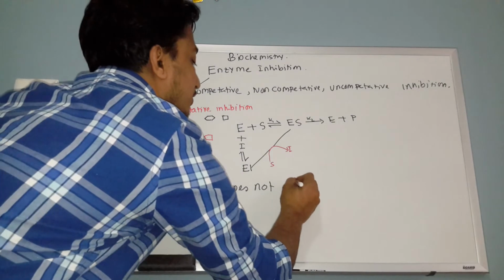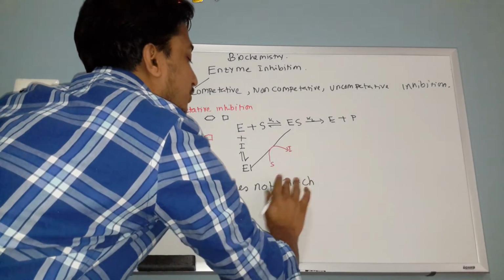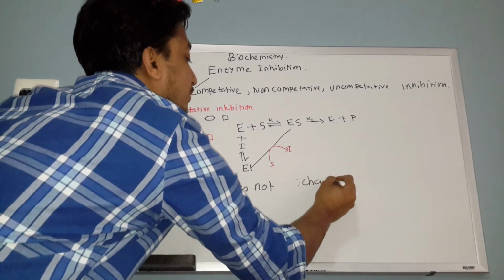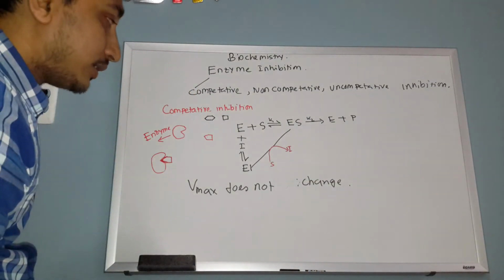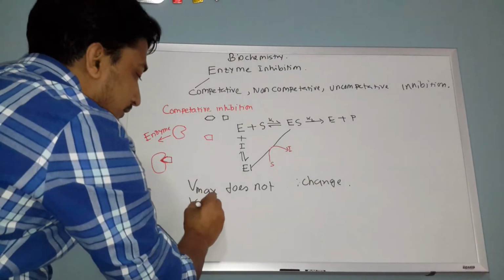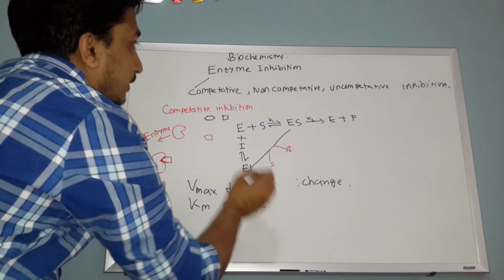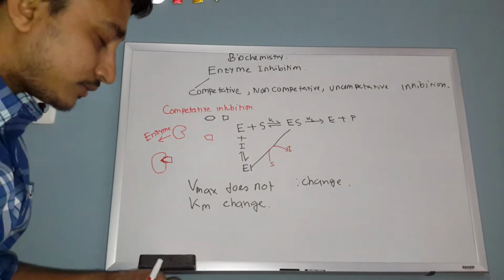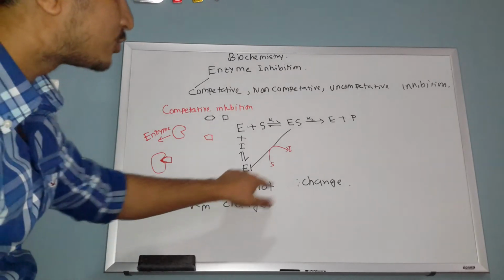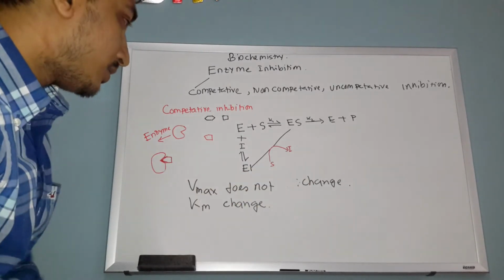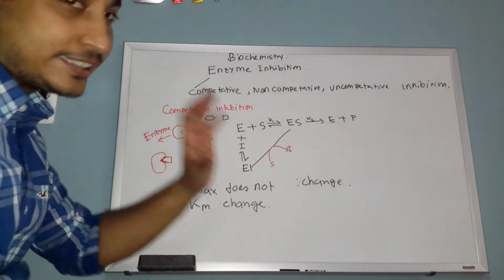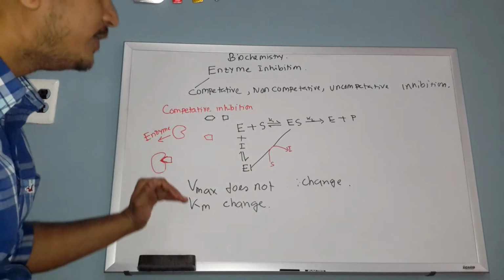Vmax does not change, but the Km changes. So this is the classical part that you have to understand from competitive inhibition.